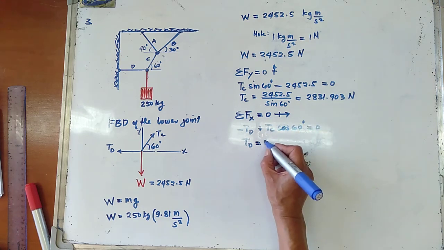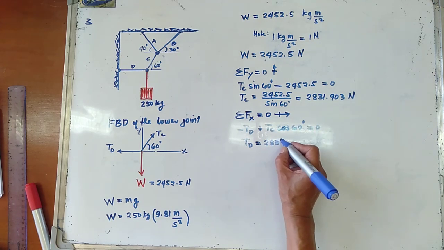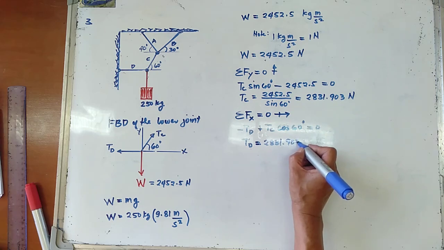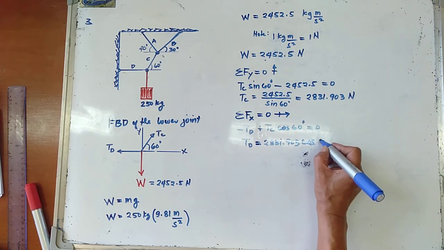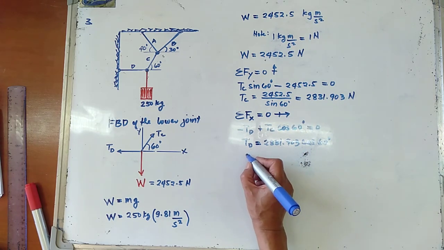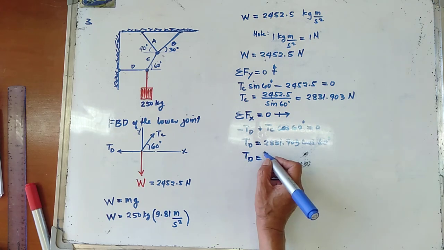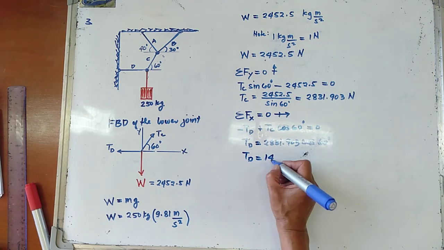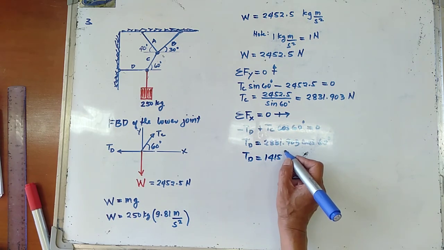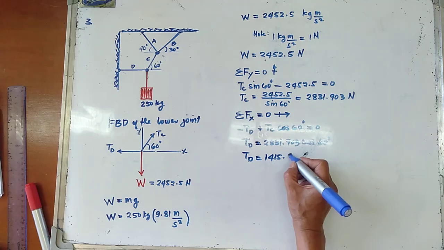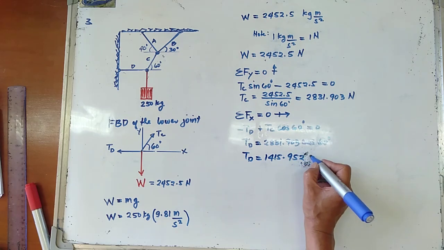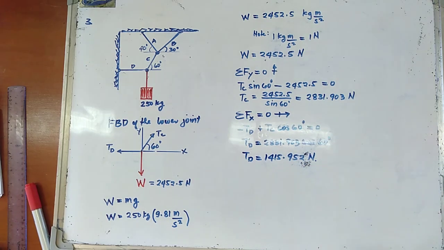The value of TC is 2831.903, so we now have TD equal to 1415.952 newtons. Again, that is the tension in cable D.